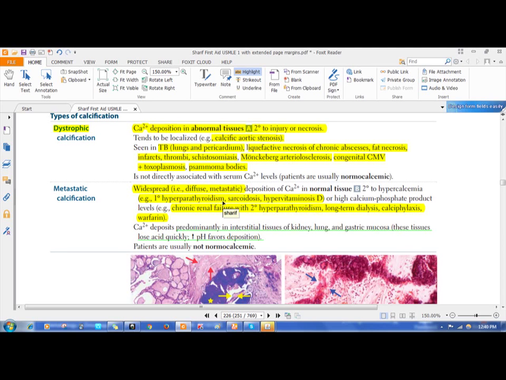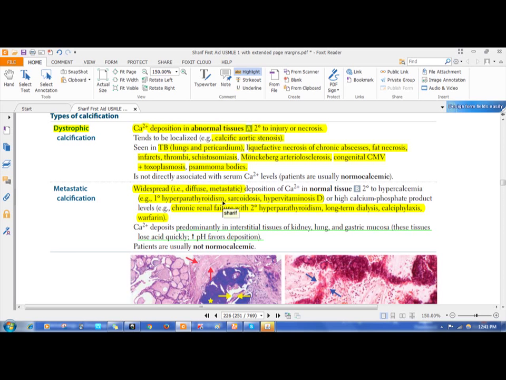RANK-L goes to the osteoclast and binds to the RANK receptor, and after binding, it activates the osteoclast. So the premature osteoclast now becomes a mature osteoclast, and it starts to chew up bone. When it starts to chew up bone, it releases calcium and phosphate into the circulation.